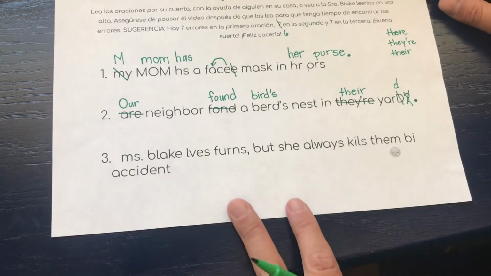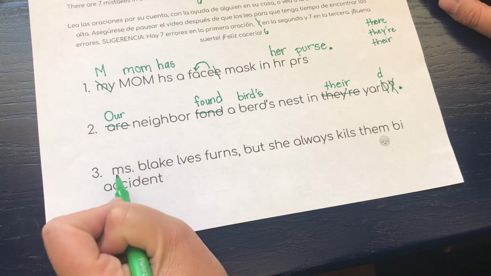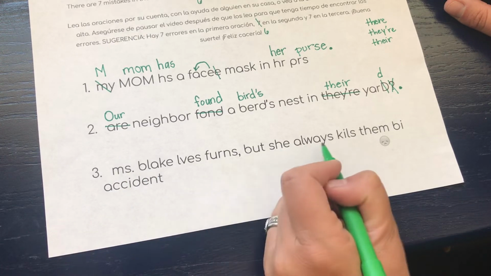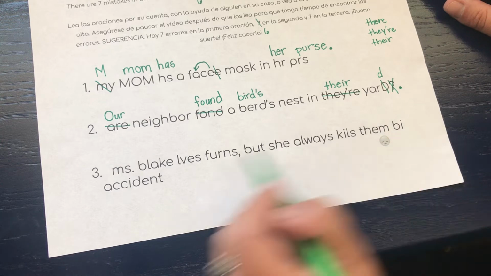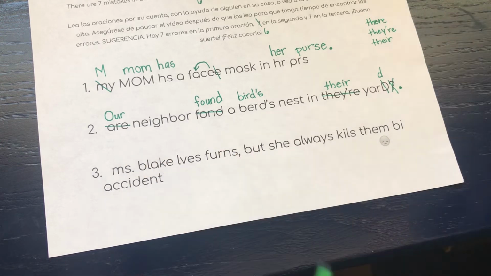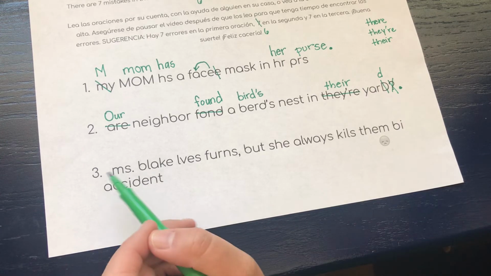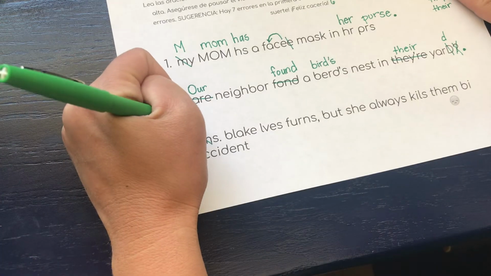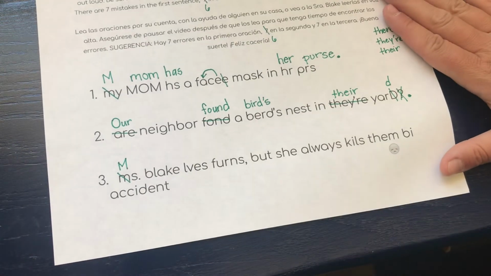Okay, let's move on to number 3. Miss Blake loves ferns, but she always kills them by accident, which is true. I really like ferns, and it seems like they're sort of easy plants to take care of, but they never last for me. Okay, right away, obvious. Uppercase M at the beginning of my sentence.